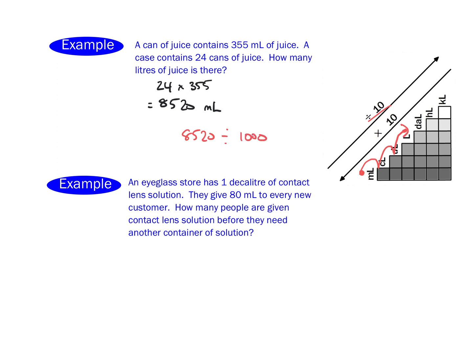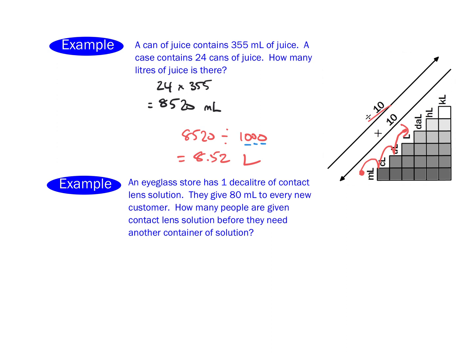And just as a reminder, where we get that from is there's 3 zeros in 1,000 that correspond to the 3 steps that we went up. So 8,520 divided by 1,000 is going to give us 8.52 liters. So in a case of juice, there would be 8.52 liters of juice. Okay?